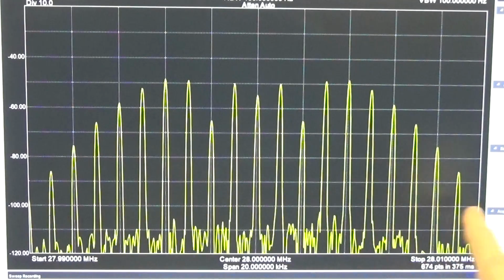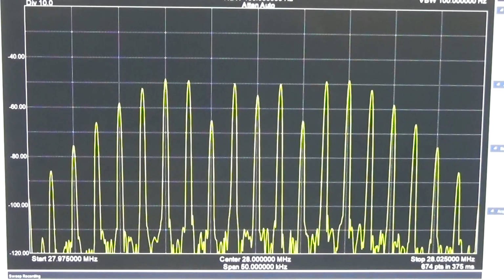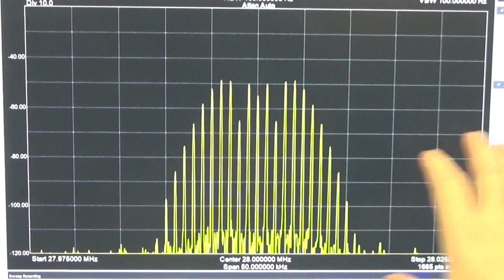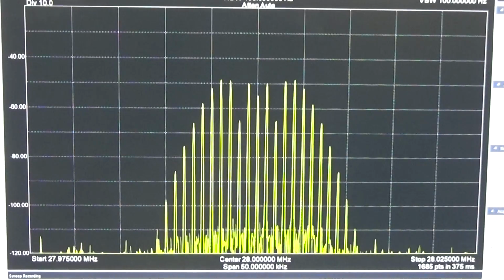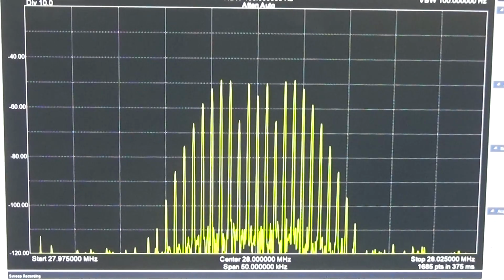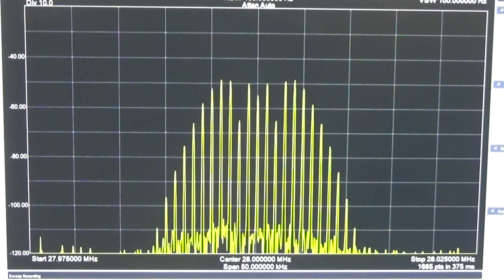So suddenly our signal is much wider, and let me go here to another resolution, and again I go down to a lower deviation, and you see it right now.